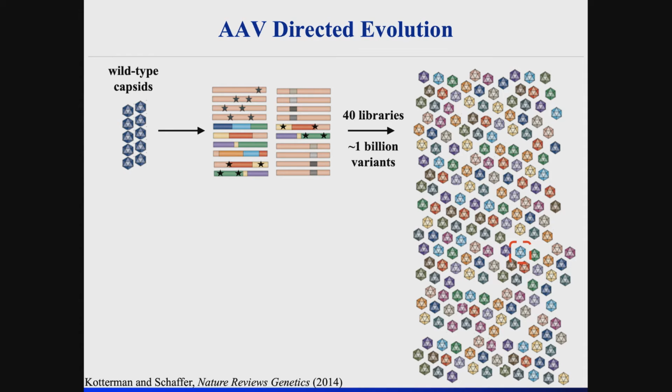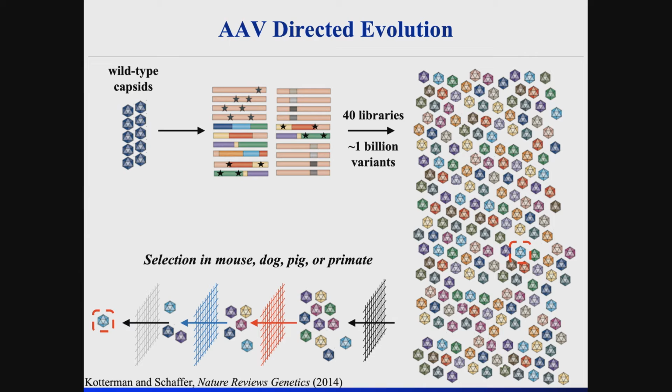We can take this entire library in a syringe, apply it intravenously to a model, initially mouse, then dog, pig, and more recently primate, then isolate the target cell, such as a cardiomyocyte, amplify the virus that made it to that cell, repackage it, re-administer it, and go through these successive rounds of selection such that we end up converging on the winner, the variant that has the best properties for delivery to the heart. And of course, at every step along the way, we can pop open the genome, sequence them, and recover the capsid sequence, the genetic information that's responsible for this improved delivery.